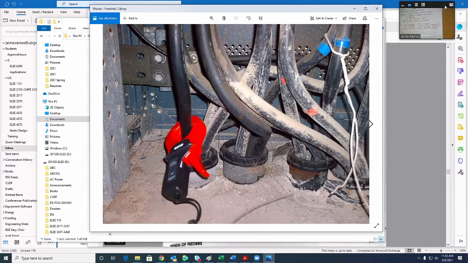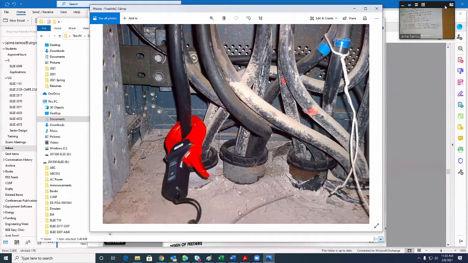Look at that. Can you see 4 conduits? And that's because there are several conductors, and they are parallel conductors.